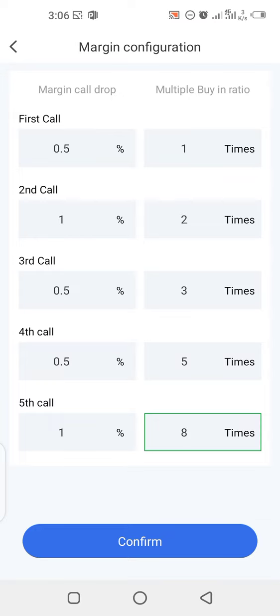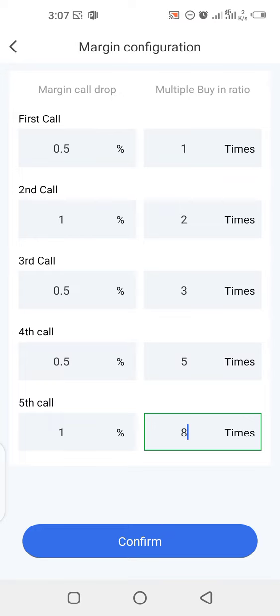You can use this because if your first buying amount is 15, 15 plus that one is 30, then 3 times 15, that is 45 plus the other 45, which is 90.